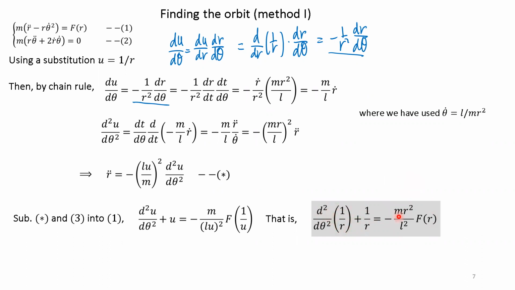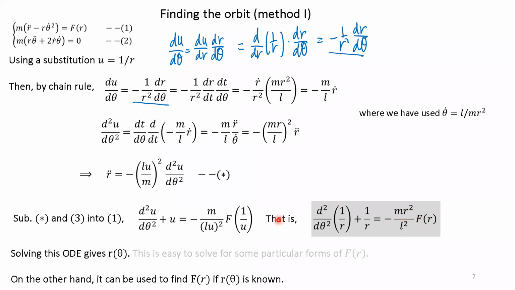Right. So now I just have the right hand side, which may make the problem more difficult, right? But it depends on how complicated this term is. If this gives me some particular easy form, then this equation is easy to solve.